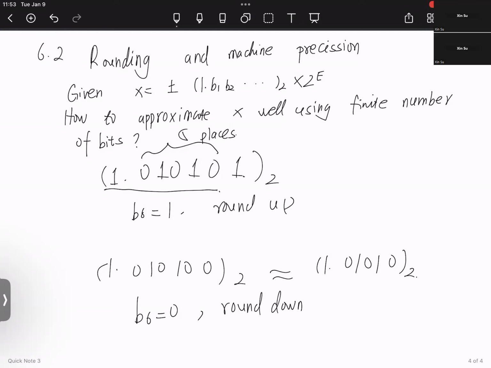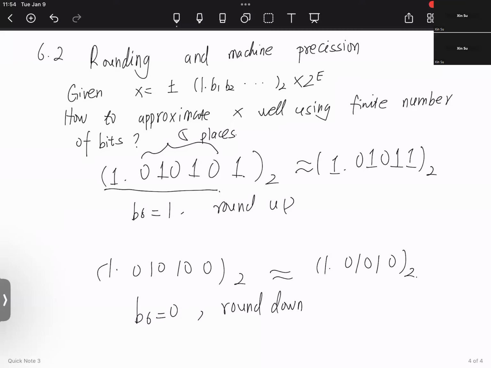And because we are doing binary sums or additions, it means that we add 1 to this place. Originally this is 0, and then we add 1, and then it's just 1. And this is the rounding up way.